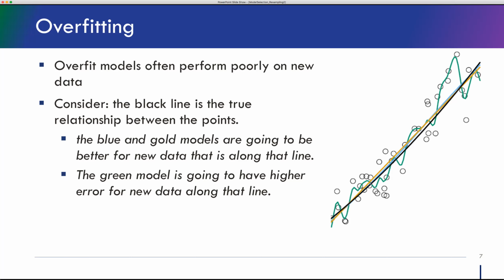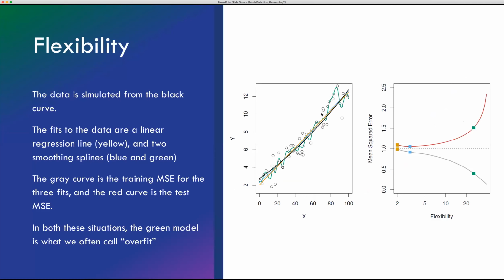So basically, this green line, this gray model, is way too flexible, so it follows the data too closely. When we get a new data set, it may not do well. How can you tell if there is overfitting or not? Compare the mean squared error measured on the testing data and the training data.